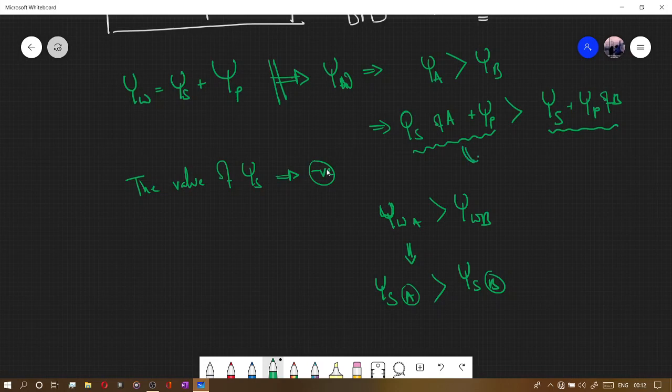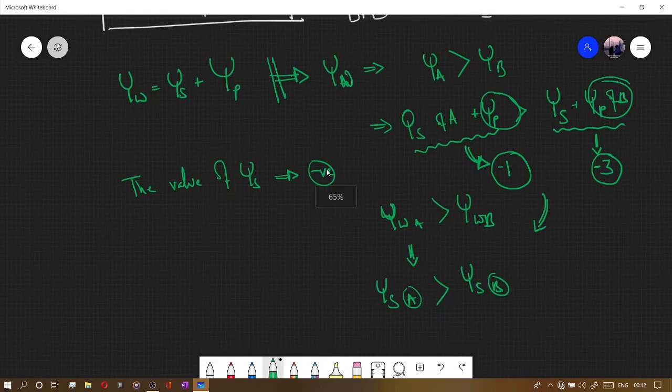Suppose this is -1 and this is -3. Here I am taking the solute potential as -3. I am leaving the pressure potential out, just taking its value as null. So -1 is greater than -3. We know that, right, guys? So can we come to this inference?